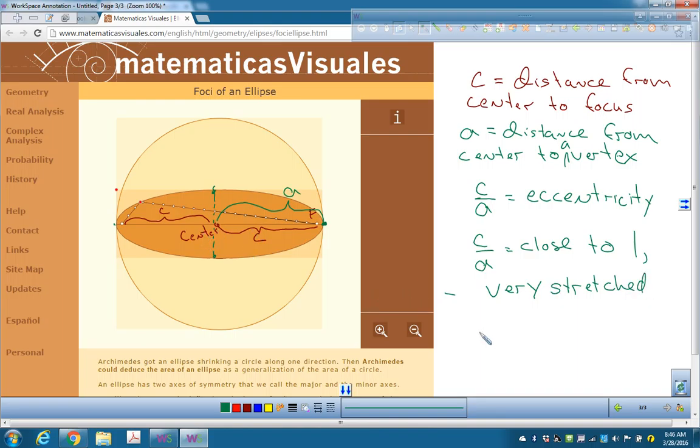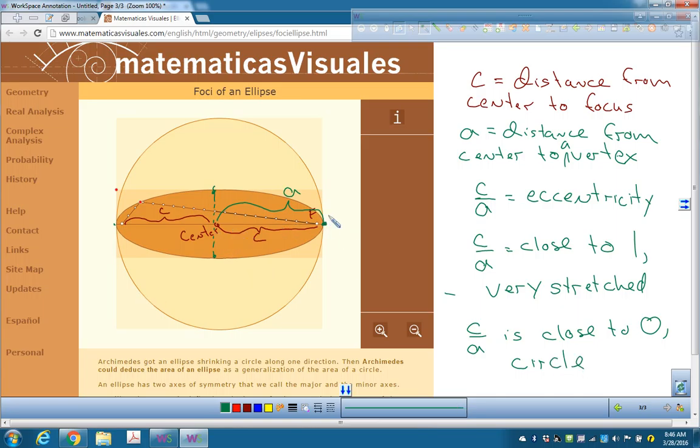If C over A is close to zero, then the focus is very close to the center, then what shape do I have? A circle, okay? Close to 0, then I have a circle. So that's just a word about the eccentricity of the ellipse.